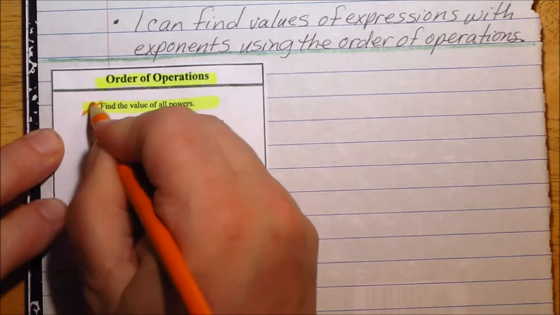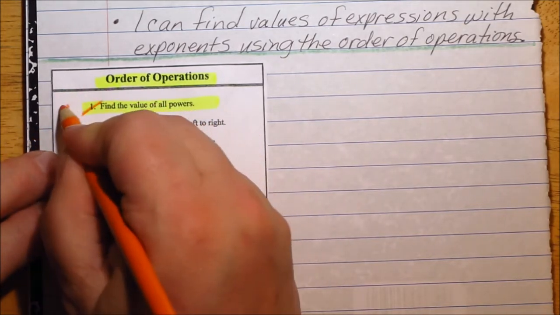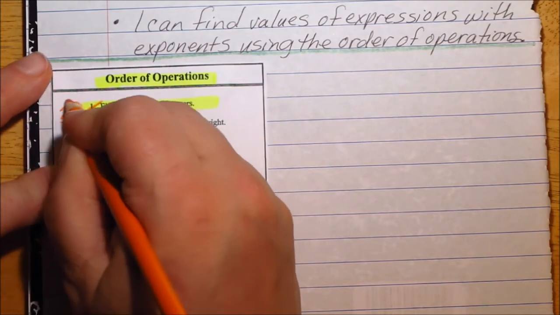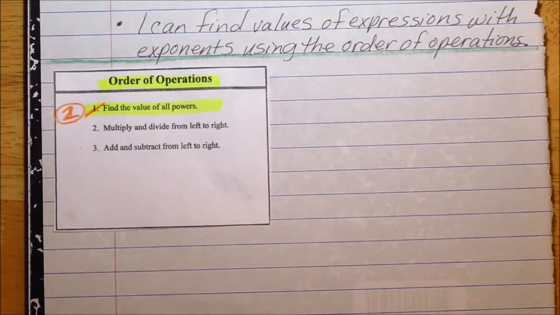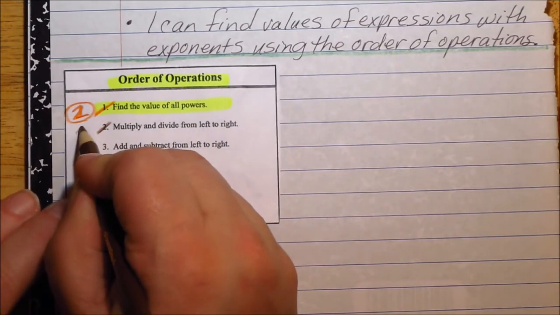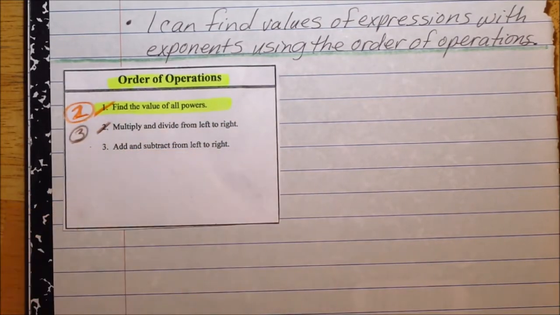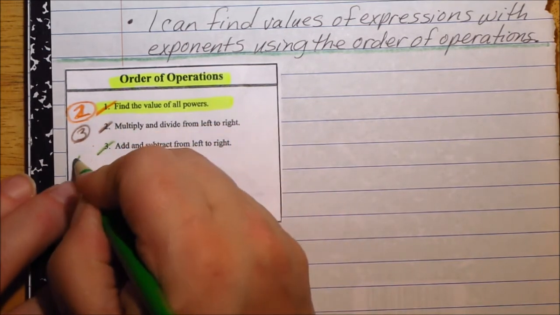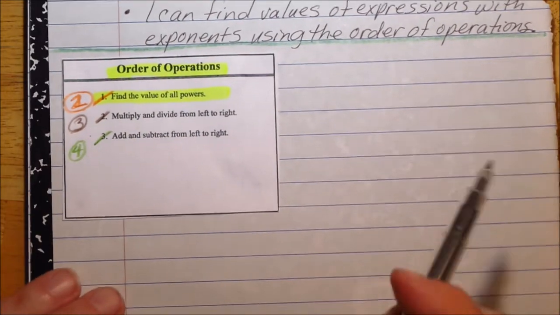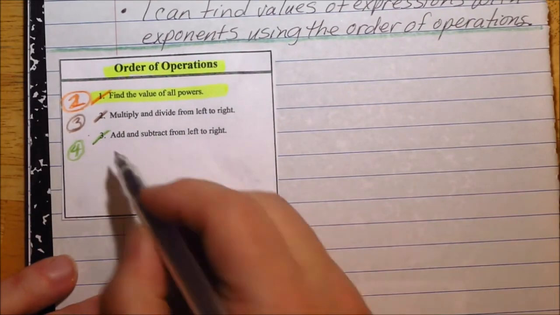Let's cross out that one and call this step 2 circled. Dealing with powers is step 2. And let's see, where's my brown pencil? And dealing with multiply and divide is step 3. And then the very final step, adding and subtracting, is step 4, right? And again, this is for PEMDAS.